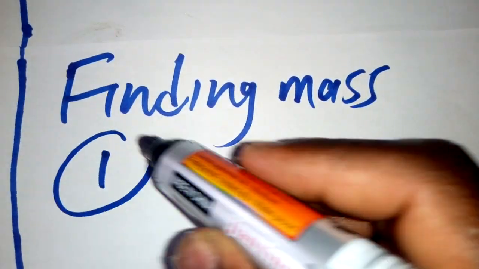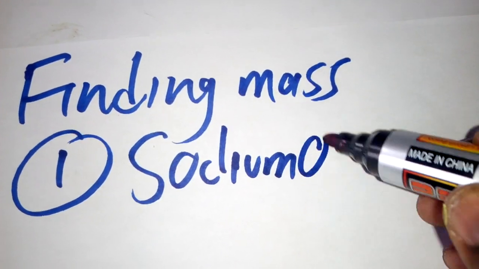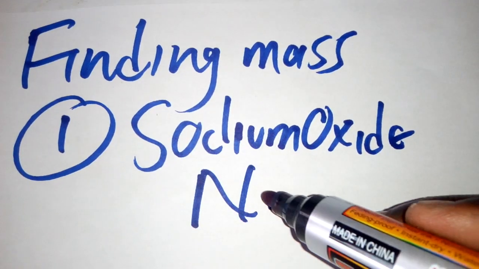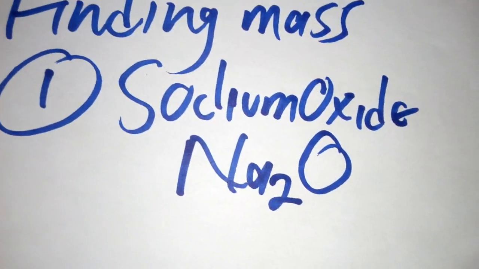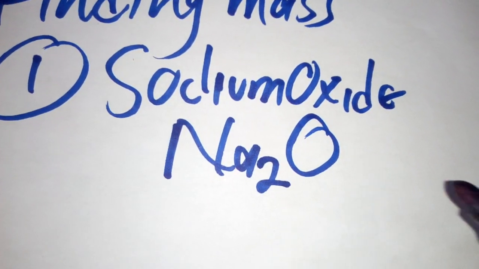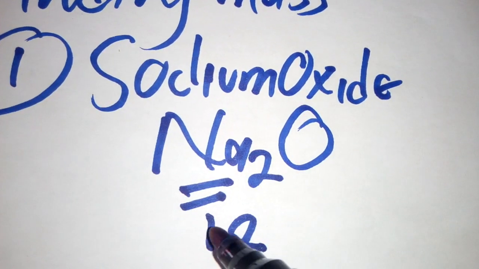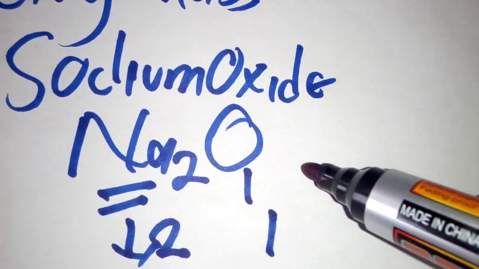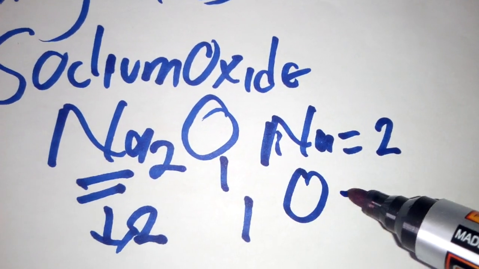I have sodium oxide, and its formula is Na2O. There is a 2 here and O. Now we have sodium and oxygen. The sodium atom has 2 moles, and the oxygen has 1 mole.